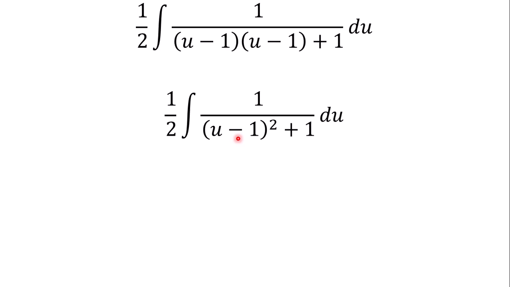The answer is tangent inverse of something. So the answer to this integral is tangent inverse of u minus 1.